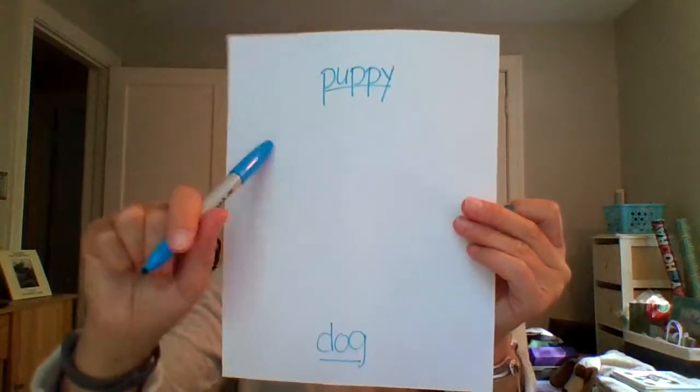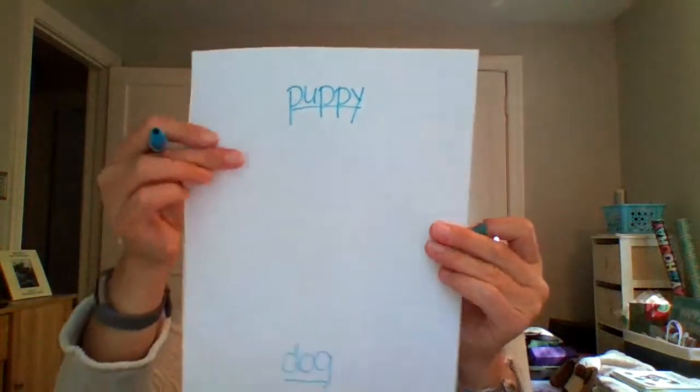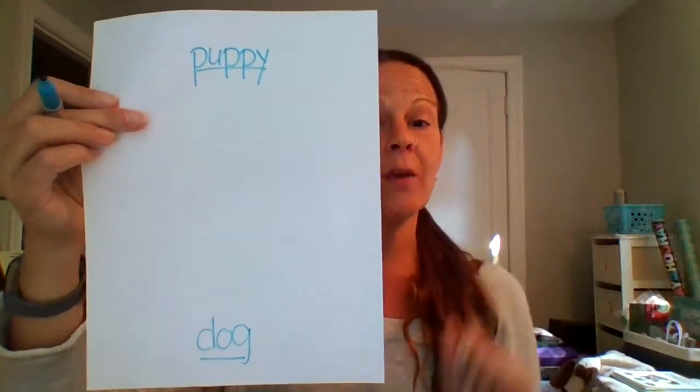Now, if you remember, my next 2 words have to be adjectives. They are going to describe a puppy. Okay? So puppies, I'm going to say puppies are happy and puppies are cute. Aren't they? Happy and cute. Now I need 3 action words, and they have to end in ing that have to do with a puppy.